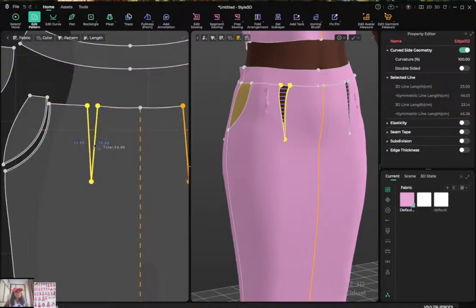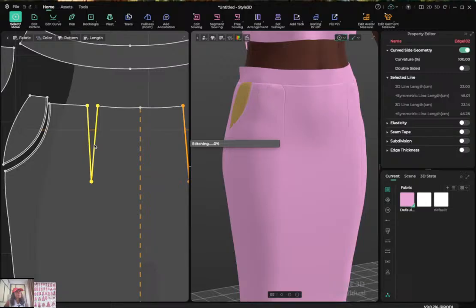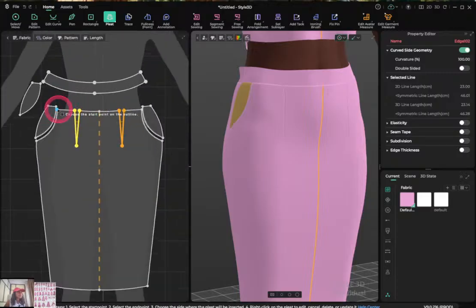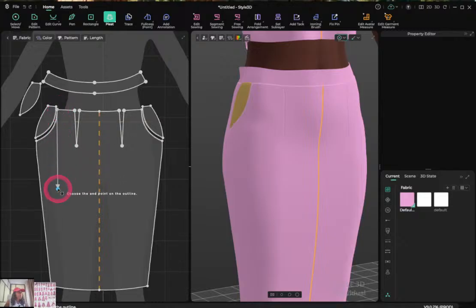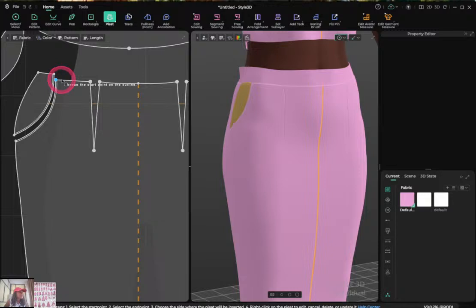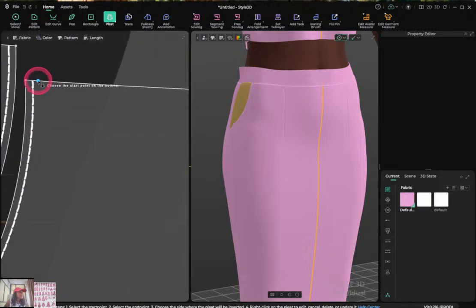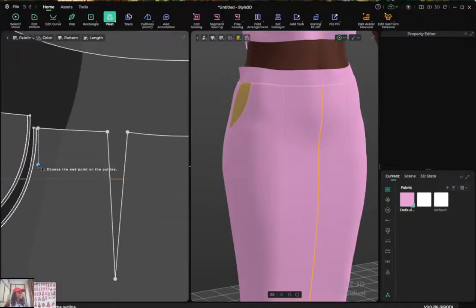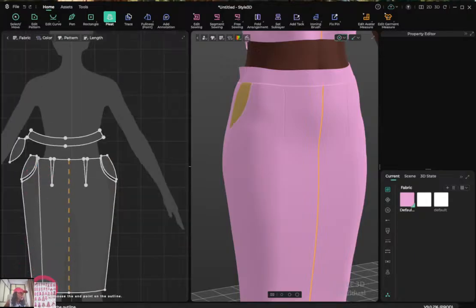Yeah, let's simulate, and then let me put the pleats here because that's where they're supposed to be anyway. That will give me an error because it's okay, all the way down.